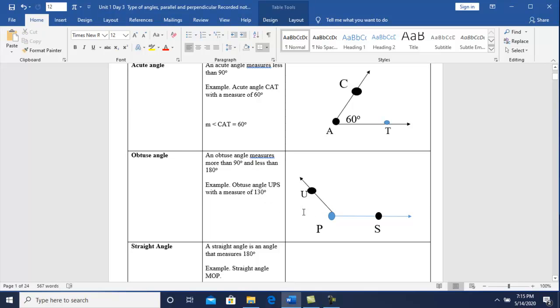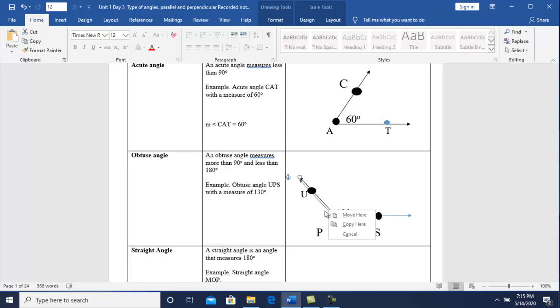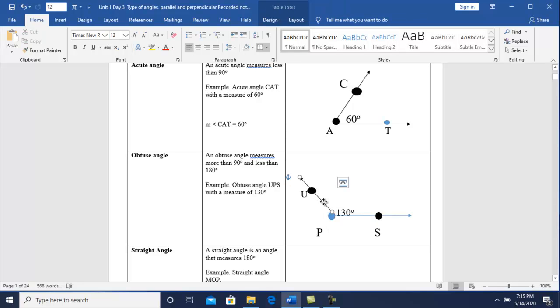Remember, it goes inside the angle. I'll make that a little bigger for you. All right, so that is an obtuse angle.